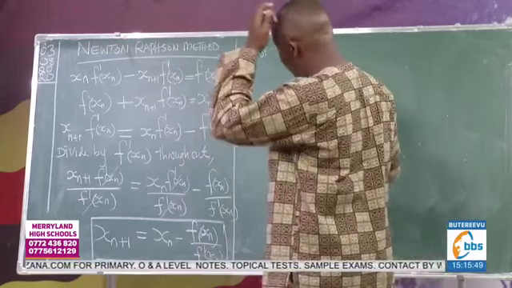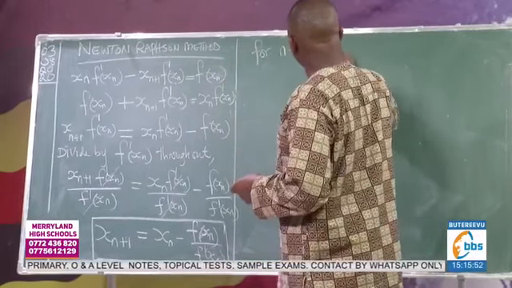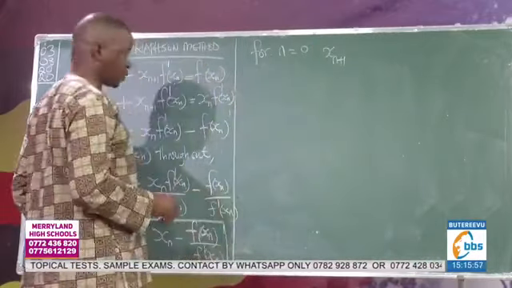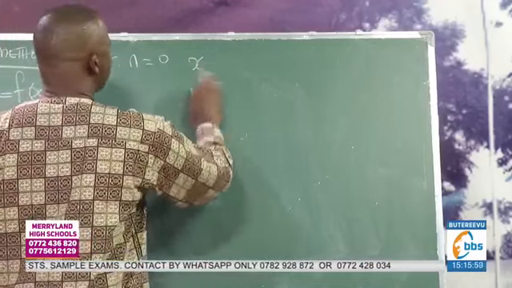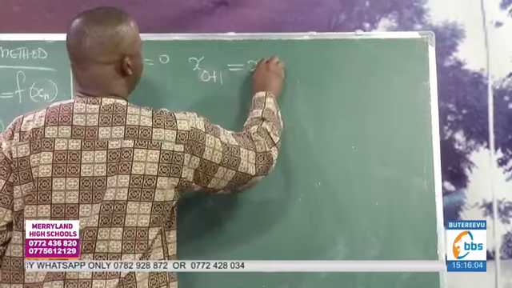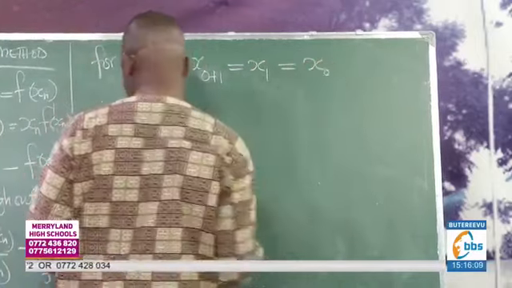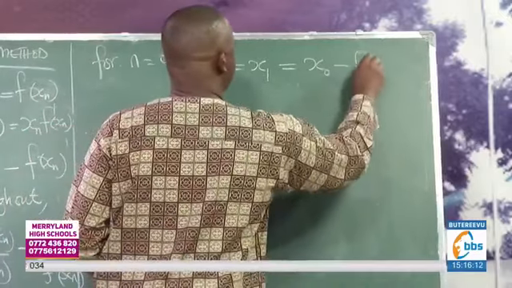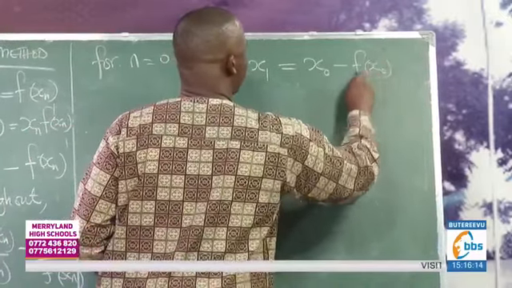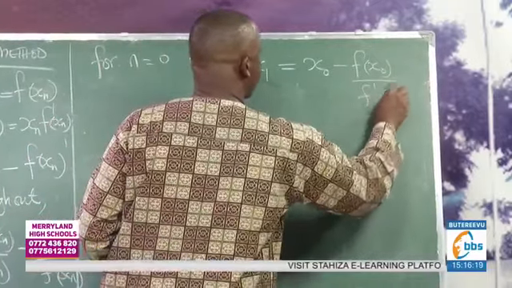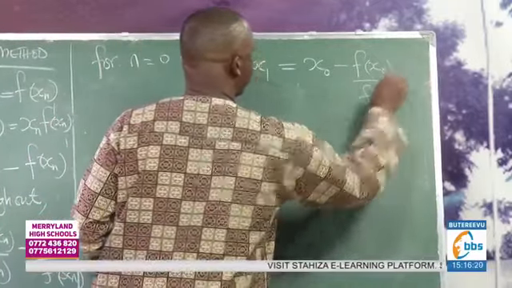If n is 0, our x_{n+1} now becomes x_{0+1}, which we shall write as x_1. And x_1 will therefore give us x_0 minus f(x_0) over the first derivative of f at x_0. This will be the first root.